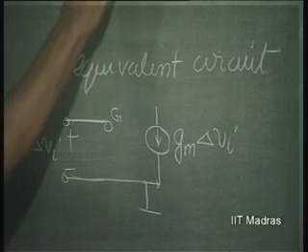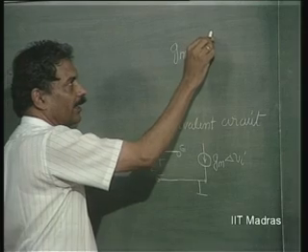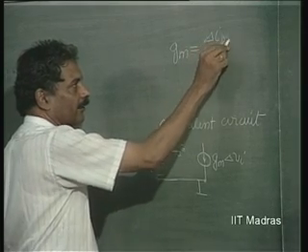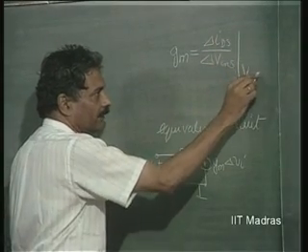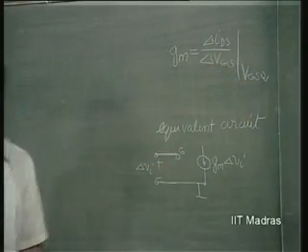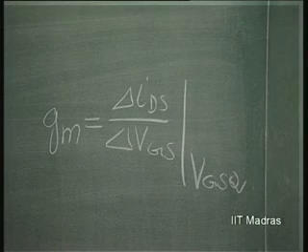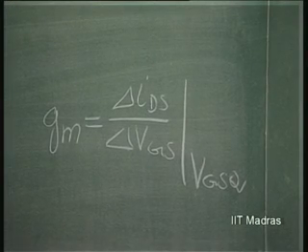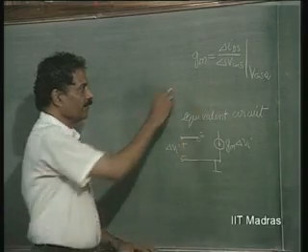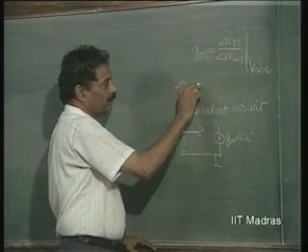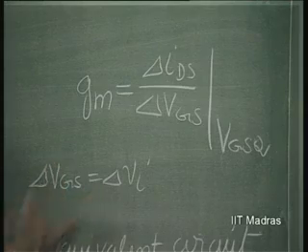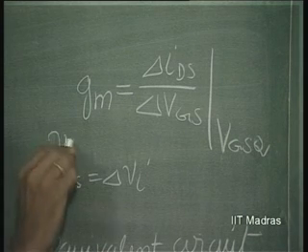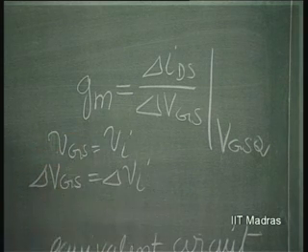Gm is defined as delta IDS by delta VGS at a particular value of VGSQ. This is the definition of Gm. So, if I want the current here, delta VGS is the same as delta Vi, change in Vi, because VGS is the same as Vi in this case.